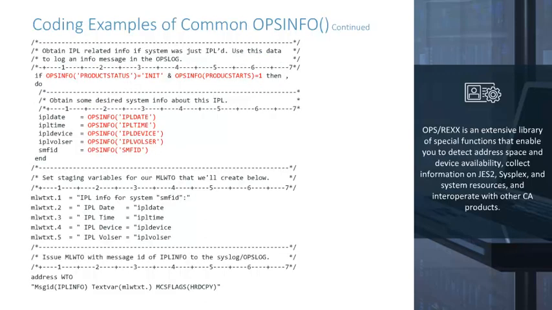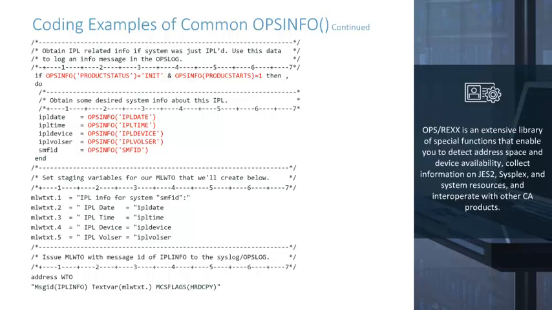This particular code is utilizing the OPSINFO function to obtain various types of environmental information. The automated outcome of the code will log an informational message to the syslog and opslog with this information. Note the OPSINFO product status, which returns a value indicating if OPSMVS is initializing, fully active, or terminating, and the OPSINFO product starts, which indicates the number of times OPSMVS has been started on this system at the beginning of the code.